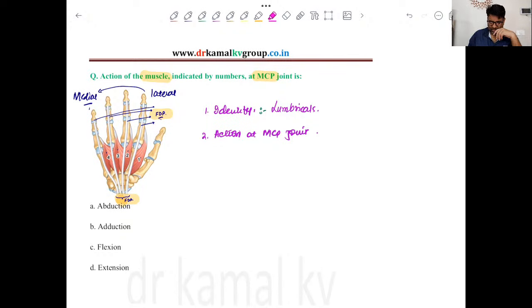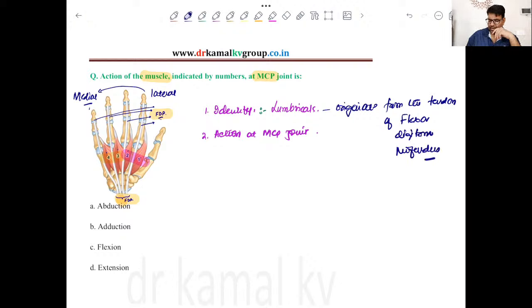These 4 muscles, like 1 and 2 and 3 and 4, are the lumbrical muscles which originate from the tendon of flexor digitorum profundus. Clear? So that is one thing. Yes, Shanawaz bhai, absolutely right. So this is one thing.